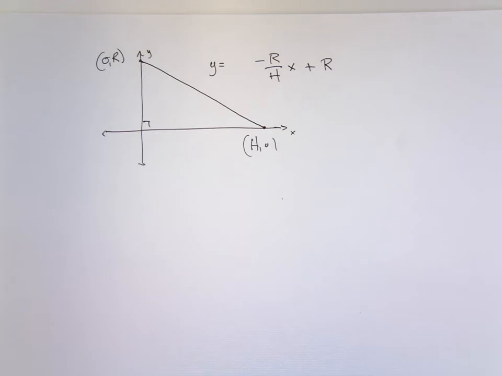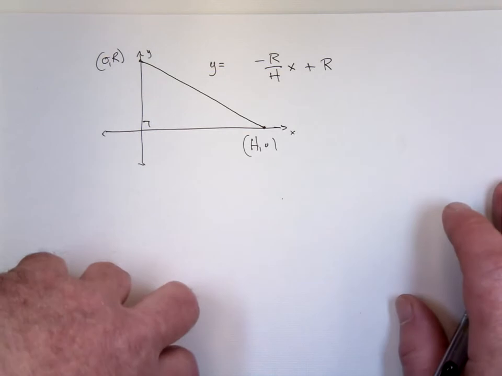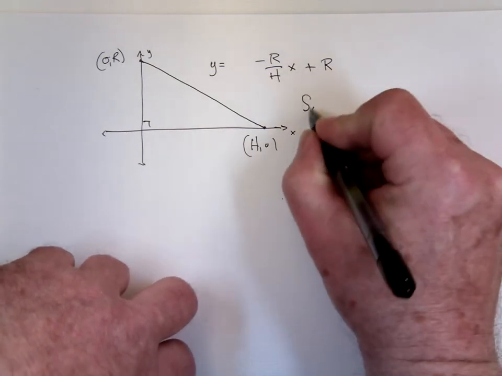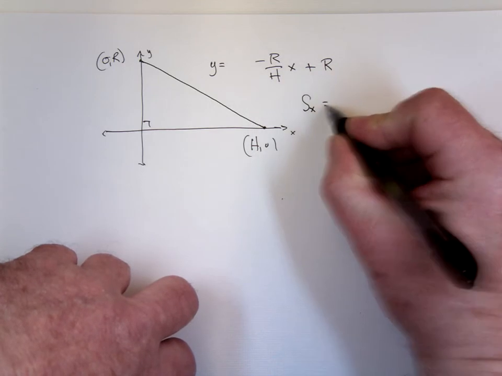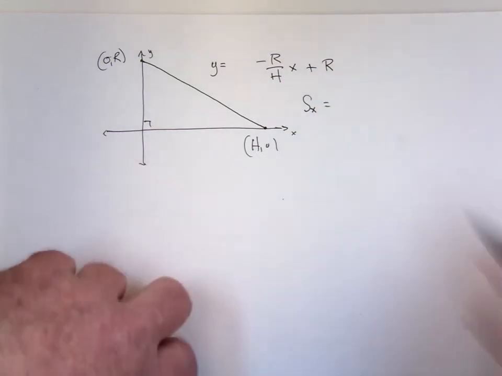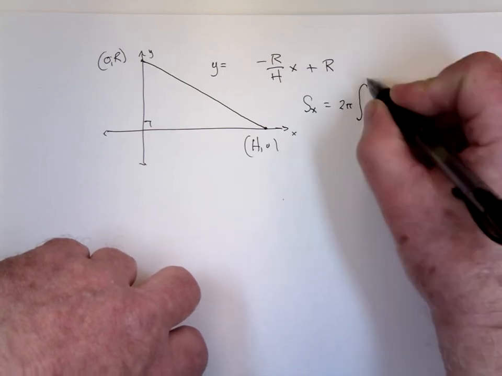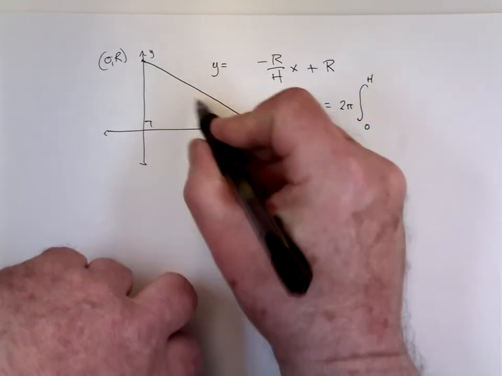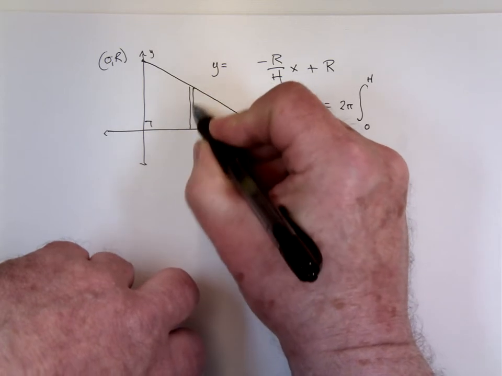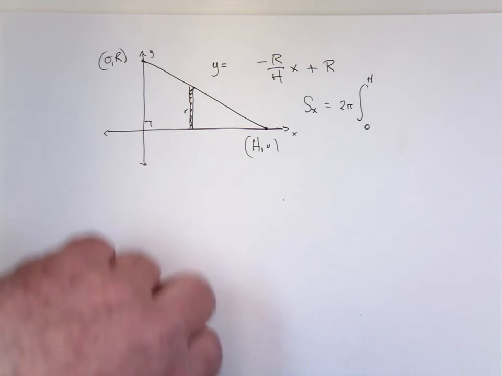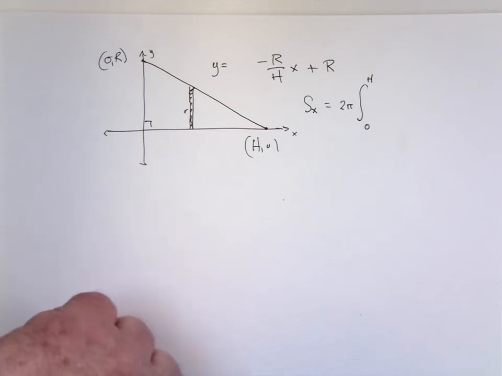All right, so let's take a look. The surface area around the x-axis is equal to 2 pi times the integral from 0 to h of R. What is R? R is this here, right here. What is that R equal to? Yeah, which is?